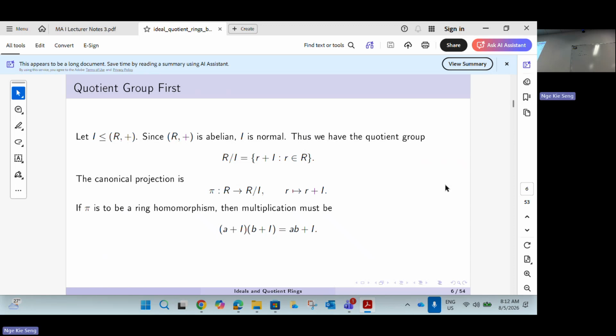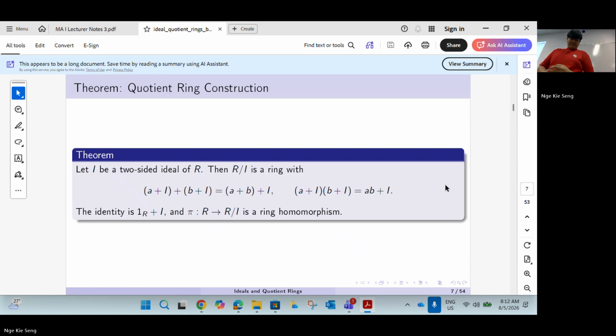For everything here we talk about two-sided ideals. I don't specify left or right.